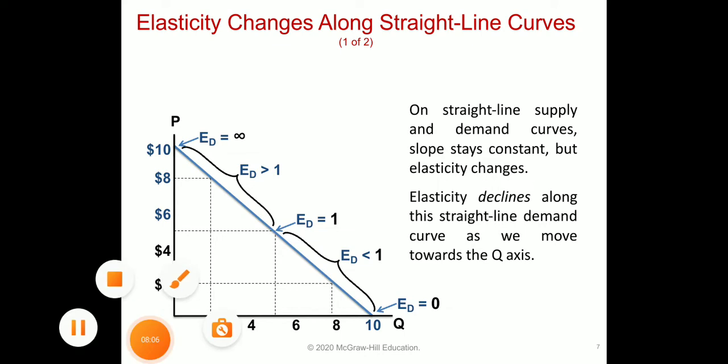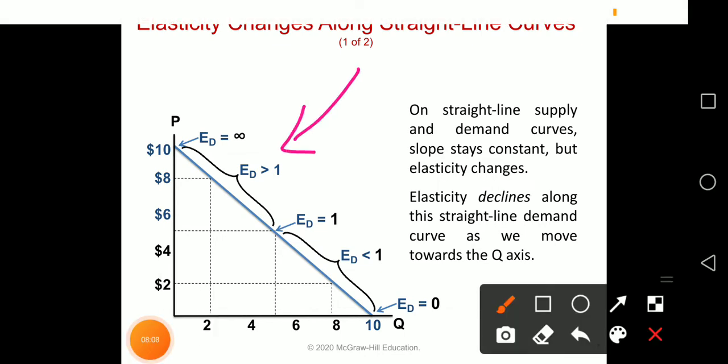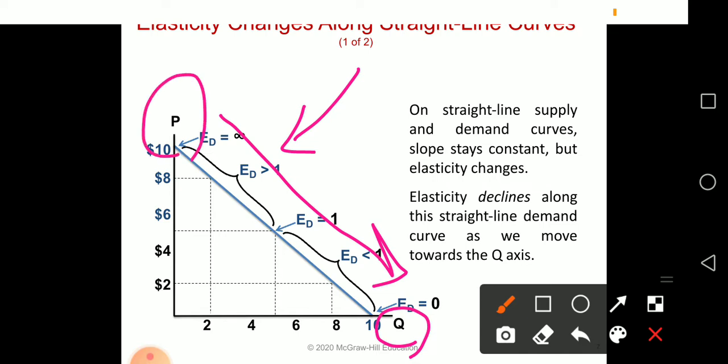So in this curve, what I have to know is the elasticity. Elasticity declines when I go from up to down along the straight line demand curve, as we move toward the quantity axis. At the peak of the price, the elasticity of demand is infinite.